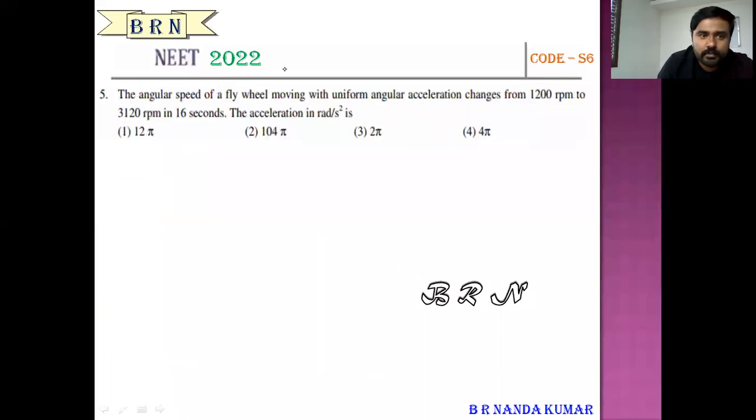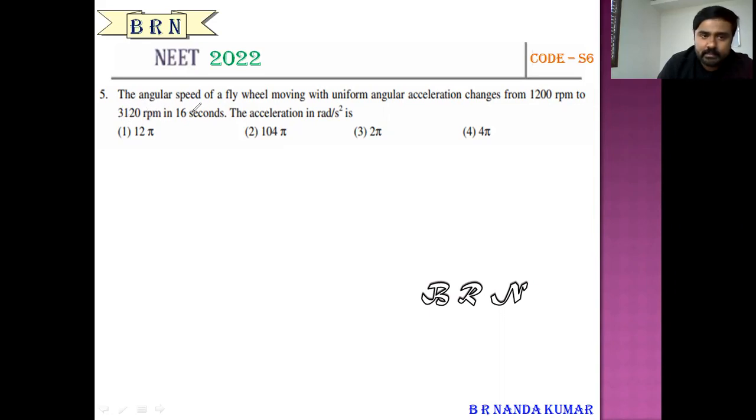Okay, next problem, note it down. This comes under system of particles. The angular speed of a flywheel moving with uniform angular acceleration changes from 1200 rpm to 3120 rpm in 16 seconds. Here rpm means rotations per minute, so 1200 rpm is the initial frequency and 3120 rpm is the final frequency.